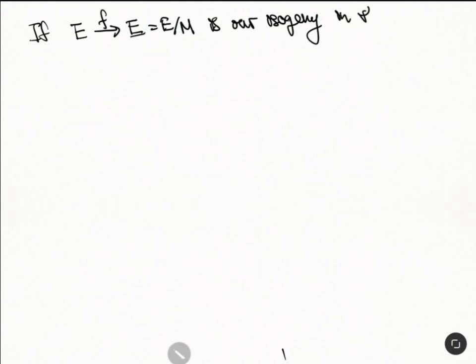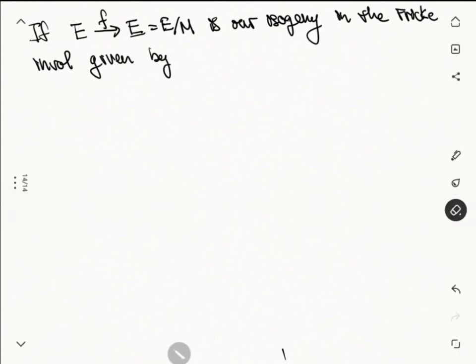Okay, so if f is our isogeny in the Fricke involution, given by what we already said, this is the Fricke involution.